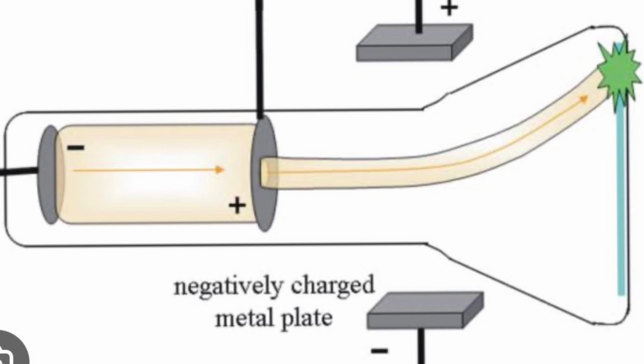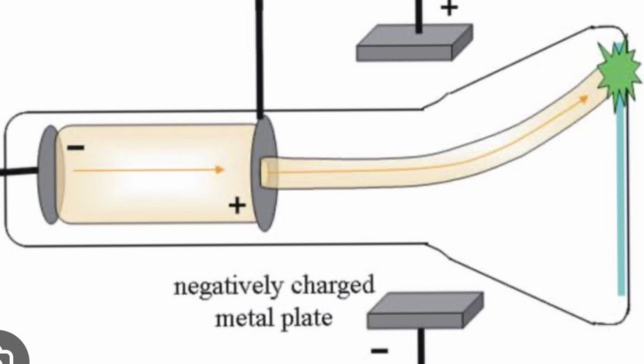After evacuation, when he tried to pass an electric current through the gas inside, the rays started deflecting towards the positive electrode, because this cathode ray tube was fitted with both a positive and a negative electrode.